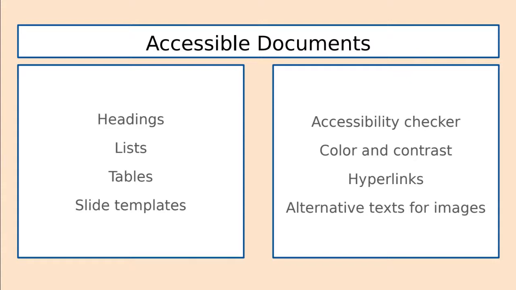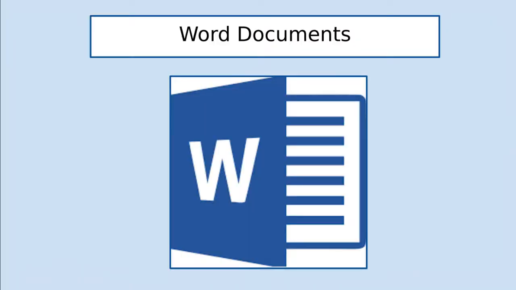First, let's look at Word documents. We're going to start with Word documents because these are probably the most commonly used documents in teaching. Also, we're going to look at Word documents and PowerPoint documents because Microsoft Word has some built-in tools that make accessibility much easier.